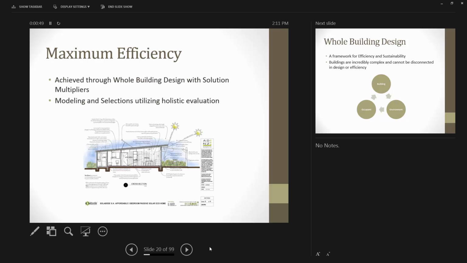But the concept is, when you're talking about efficiency, whether you're looking at new construction and designing a new building or at an existing building, you can't think compartmentally about the individual energy improvements or parts of the assembly, because the entire building is a system.